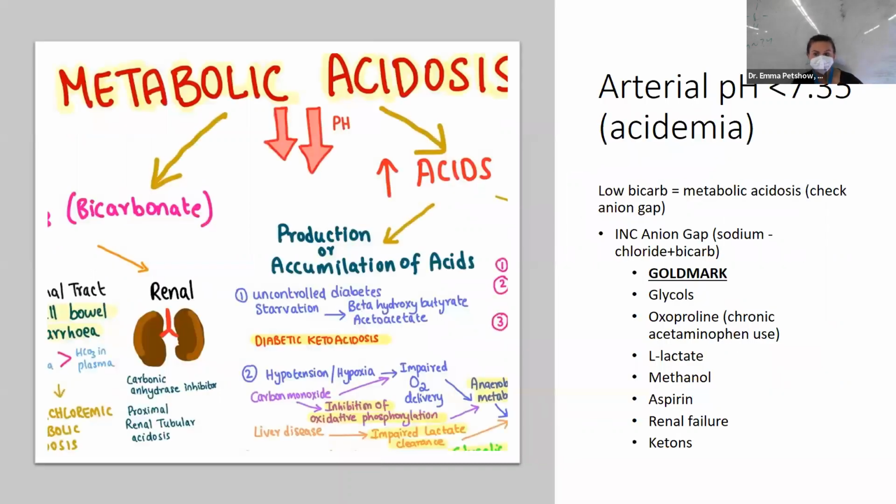Versus metabolic acidosis, we have 2 different metabolic acidoses that we're going to look at. This first one, again, we have acidic pH, and this time we're going to look at bicarb. If we have a low bicarb state, we're looking at metabolic acidosis.